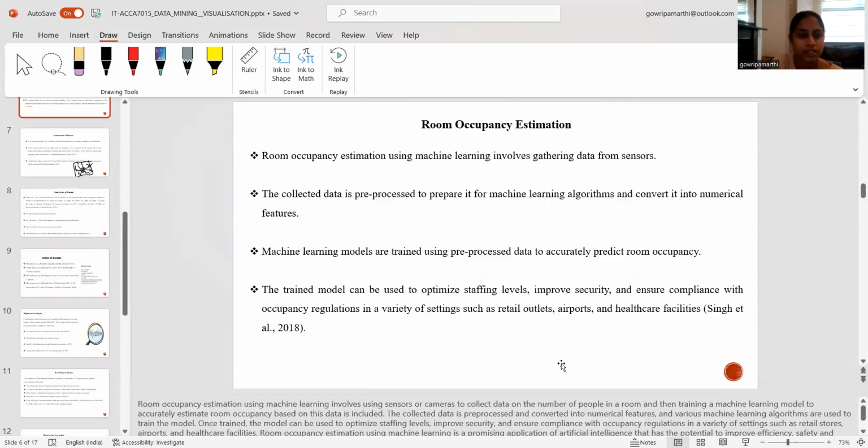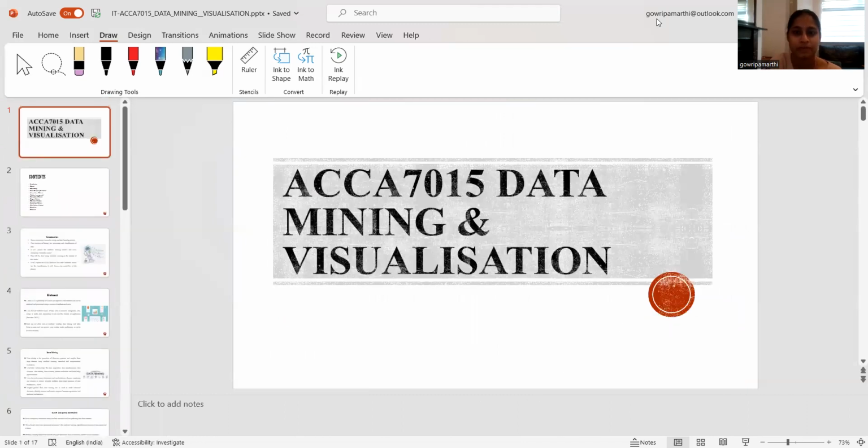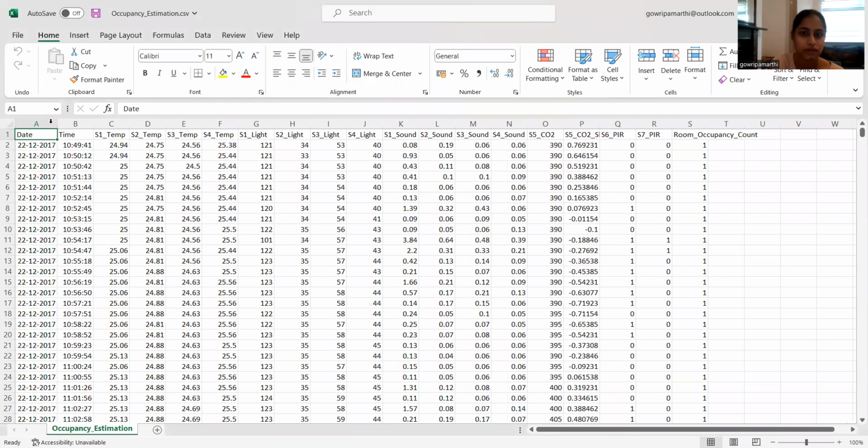Coming to the dataset. This is the dataset I took. Here are the 16 columns: date, time, which date it was taken, what time it was processed, and the temperature sensors.